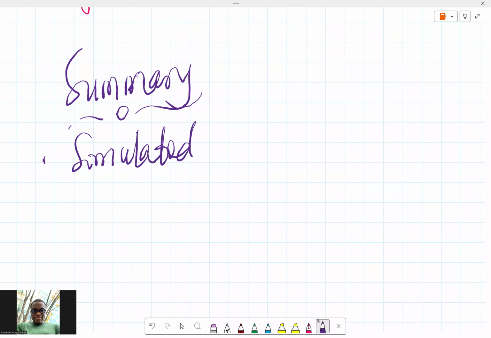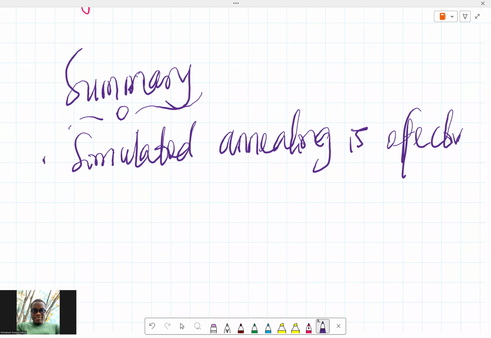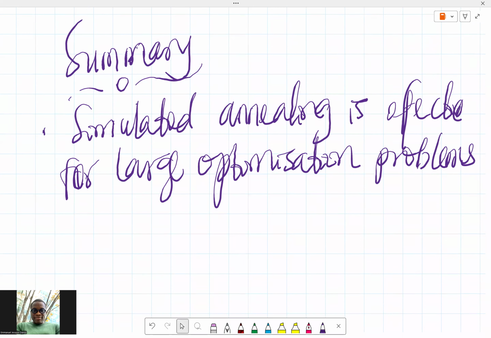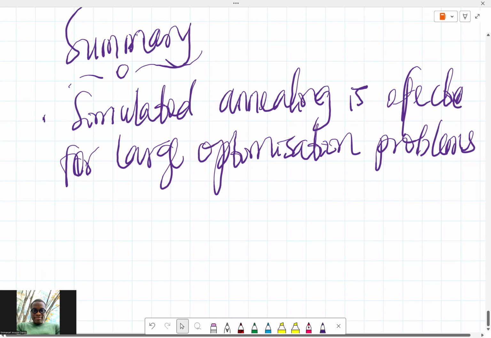Simulated annealing, SA for short, is effective for large optimization problems. I think it's more appropriate for that city traveling salesman thing, even more than the first function, but I just used that to explain.